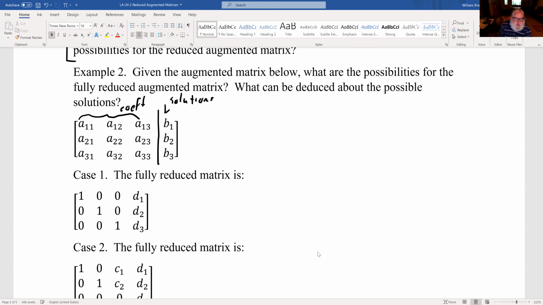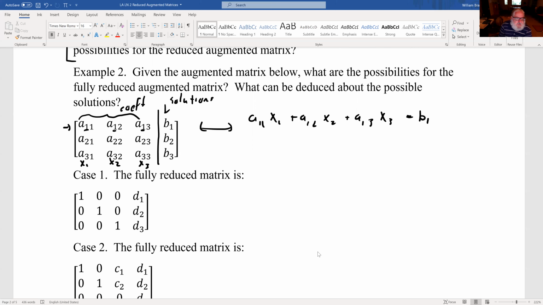And this system of equations would be rewritten as: this is my x1 column, my x2 column, my x3 column. So it'd be a11 x1 plus a12 x2 plus a13 x3 equals b1. And the way the coefficients are written, the first subscript tells you which row it's in. These are all from the first row.